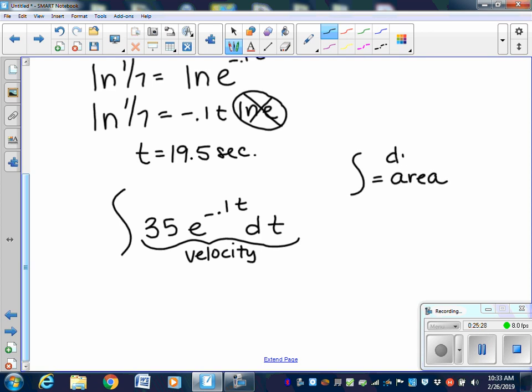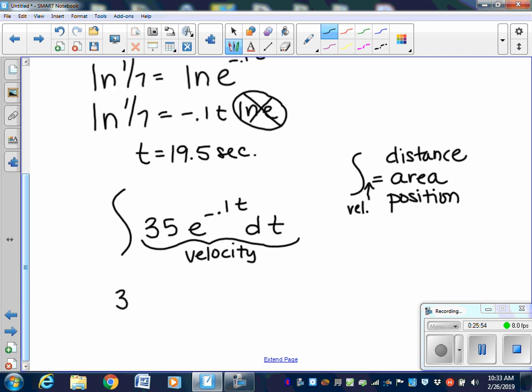It says to find the distance. It also means to find the position. When you integrate, it means you're going back to distance, area, or position. And underneath the integration sign is velocity. So if they want you to know how far, that means distance, and all we're going to do is integrate.